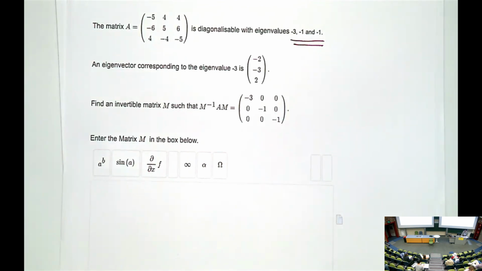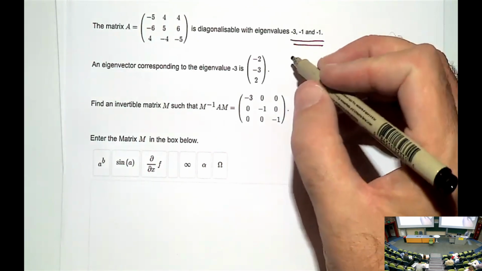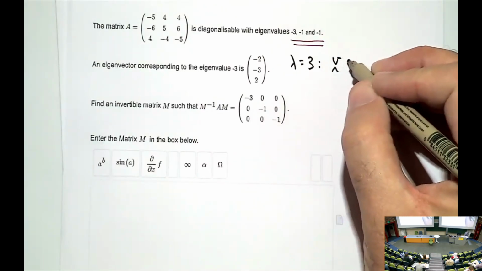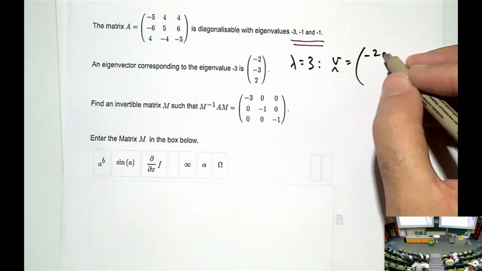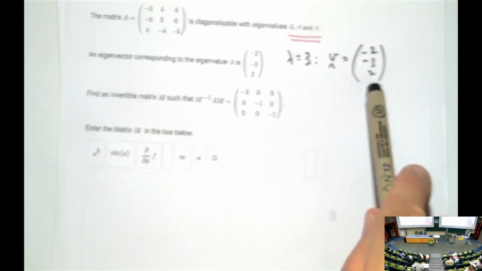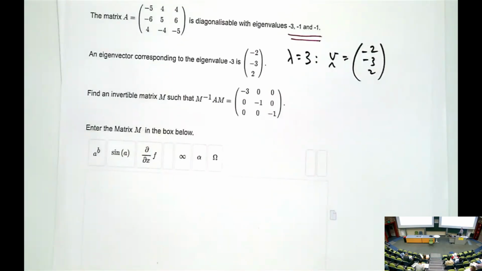They've given us a little bit of a head start. For this eigenvalue, that's the corresponding eigenvector I get. What about the other case? Lambda equals -1.